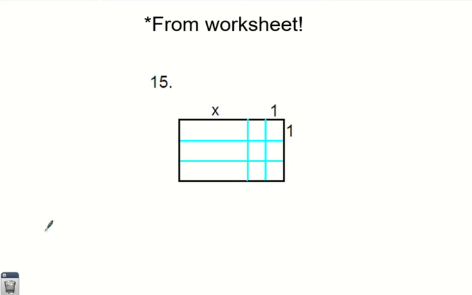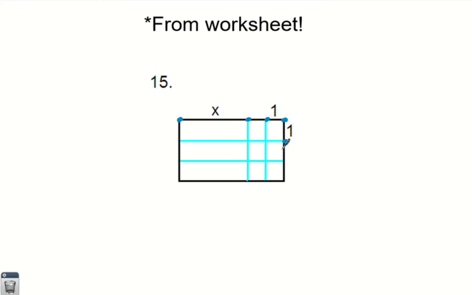First of all, what does perimeter mean? Isn't perimeter the sum of all the sides? Like when you add up all the sides of the shape you're looking at? Or the distance around the outside of the shape. So if from here to here is x, and from here to here is 1, it looks like these are 1 by 1 squares.